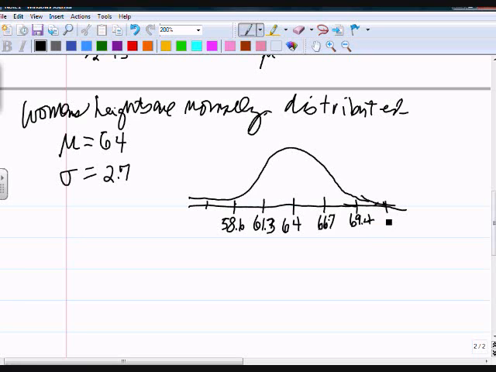Add 2.7 to that 69.4, and you get, there's our 6 foot tall woman, and minus 3 standard deviations, take another 2.7 away, and you get, okay.